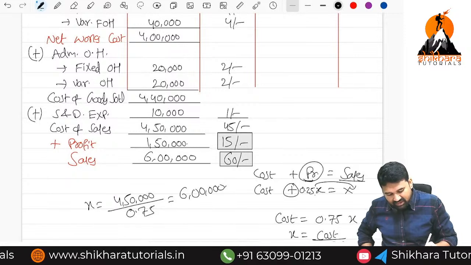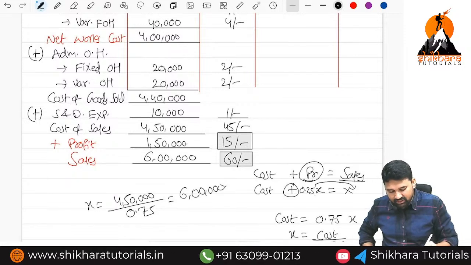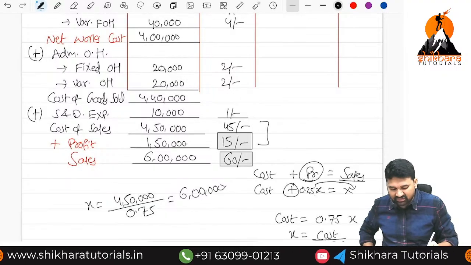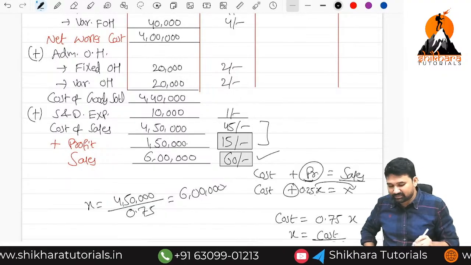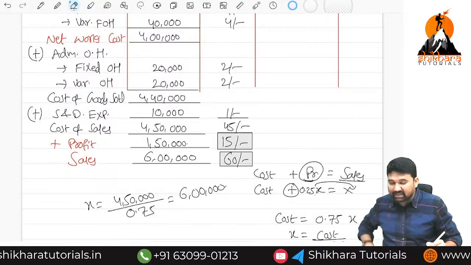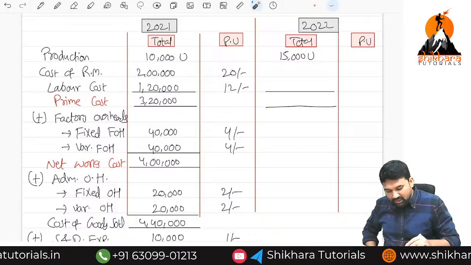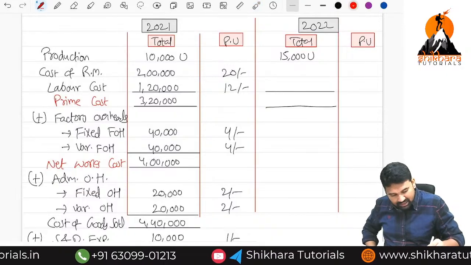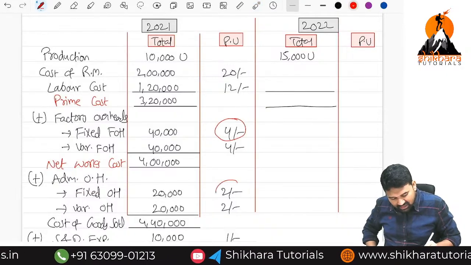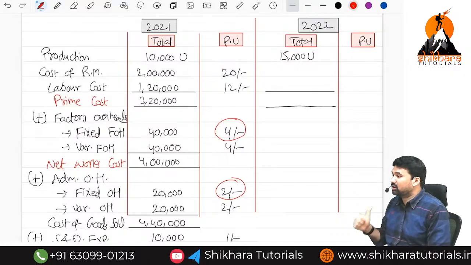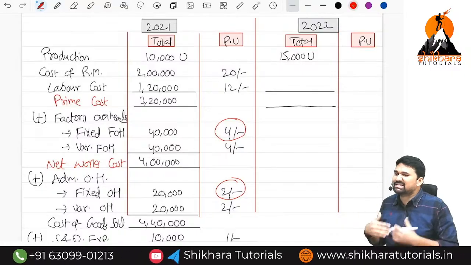And whenever we add 45 to 15, 45 plus 15, it will become 60. Okay, sir. In the first case, why have we not calculated this 4 and this 2, sir? Because it is immaterial.